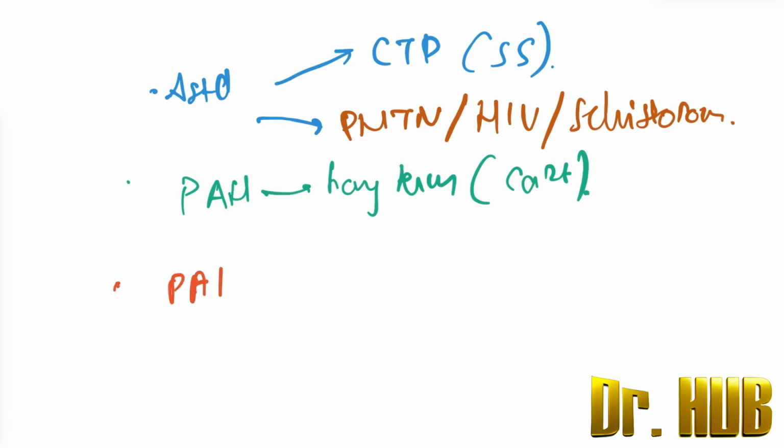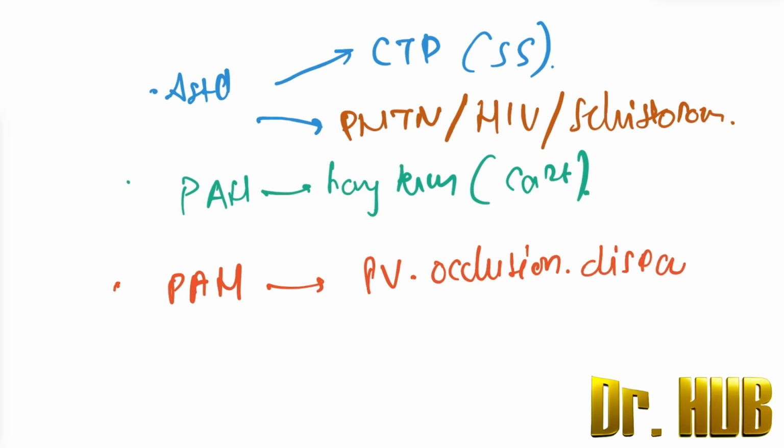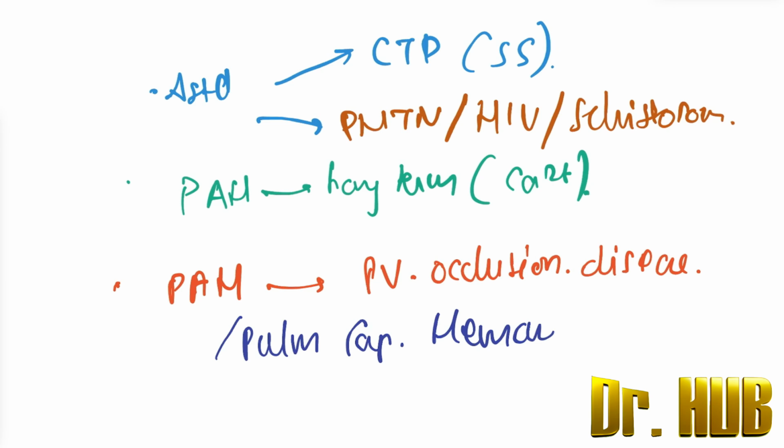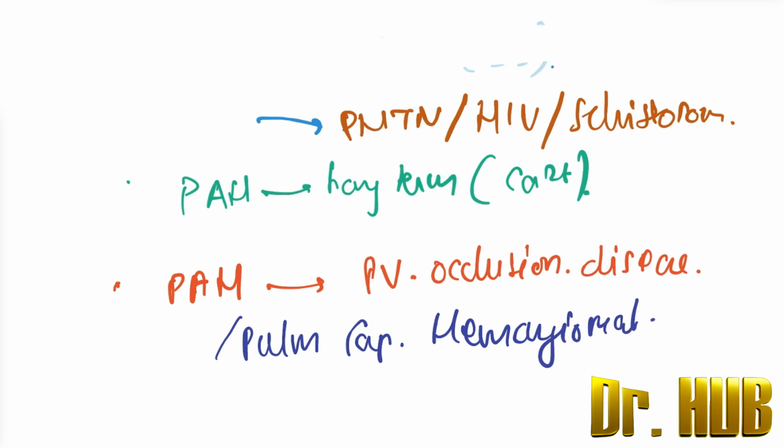Next is PAH with overt features of pulmonary veno-occlusive disease or pulmonary capillary hemangiomatosis. Next, it also includes persistent pulmonary hypertension of the newborn syndrome.